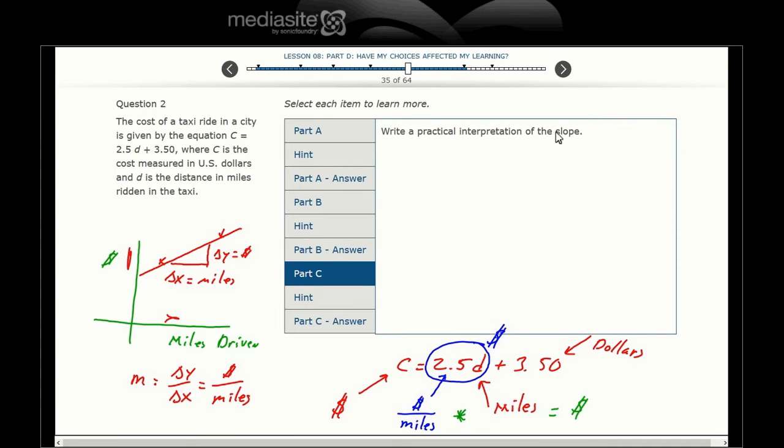Part C, what's a practical interpretation of slope? Well, if it's 2.5 dollars per mile, that means for every 1 mile, your cost will increase, because it's positive, by $2.50.